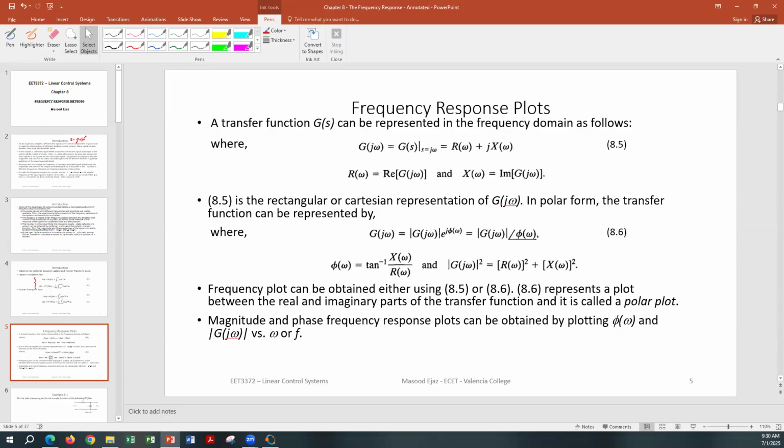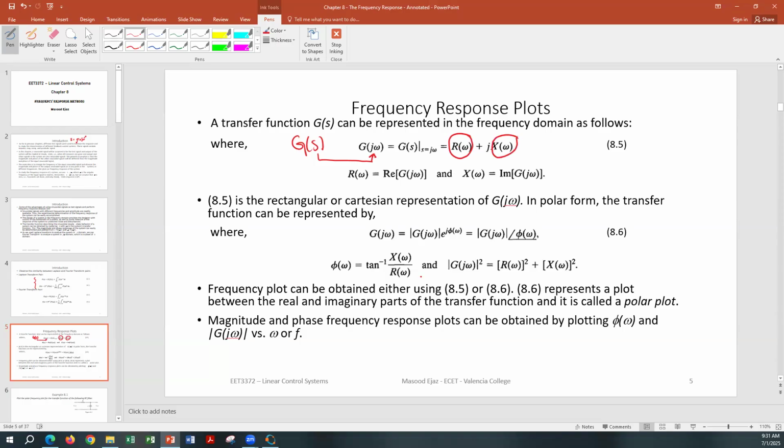Multiple types of frequency response plots. The transfer function can be represented in the frequency domain as follows: if you have G of s and you replace s by j omega, then G of j omega is going to be a real part, a function of omega, and an imaginary part, a function of omega.